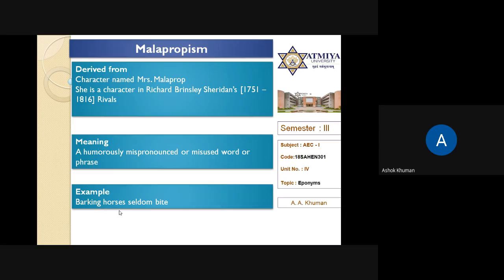For example, instead of using the word died, you can use passed away. When you use the word die, it looks unpleasant. But instead of that, you use pass away. It looks something good. So that is called euphemism.